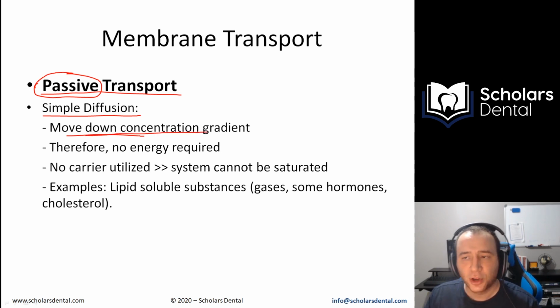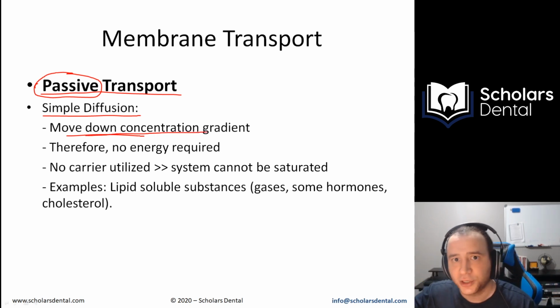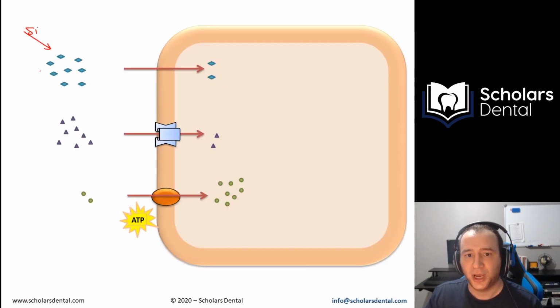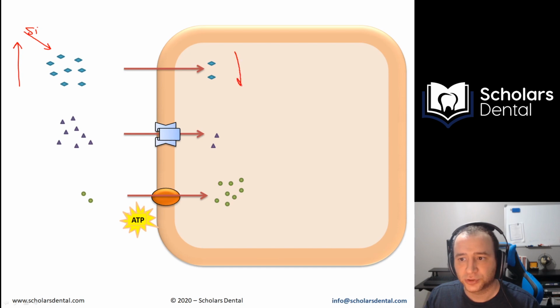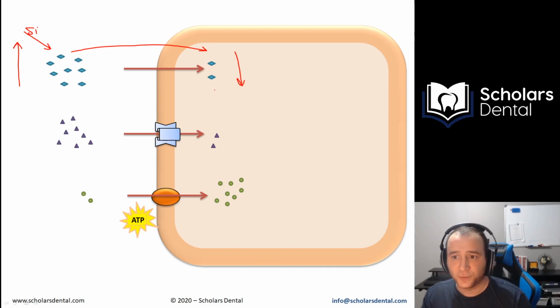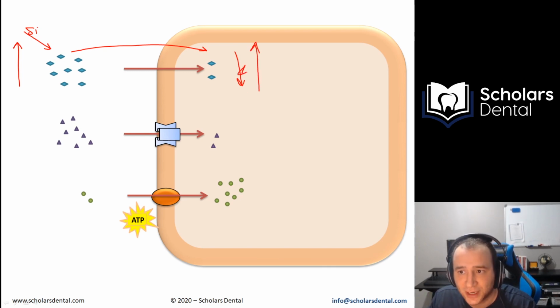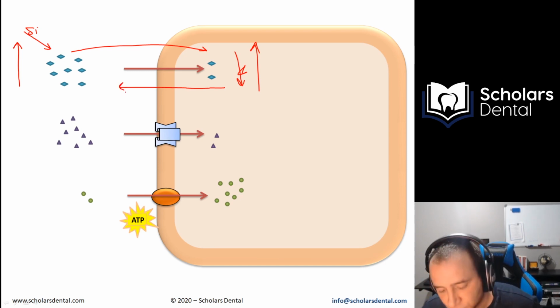That means the force that's pulling the molecule is concentration. You have a higher concentration of this blue stuff here, lower concentration here, so it's moving from here to here. If you reverse this and make the higher concentration on this side, then it will reverse. It's just following the concentration.